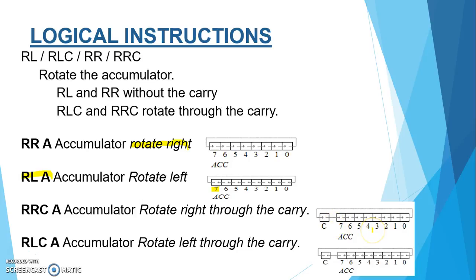Now when it is rotated towards right through carry, keep in mind D0 will go to carry and carry will go to D7. D7 will go to D6 and D1 again will go to D0. Alright? Similar to that, RLC is rotate accumulator content towards left through carry. What is the difference? The D7 bit is getting shifted to the carry flag and the carry flag is getting shifted to D0 here. So the carry flag status is getting shifted to the D0 bit. D0 bit will move on to D1.